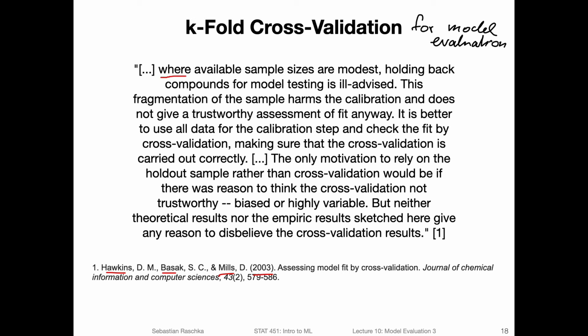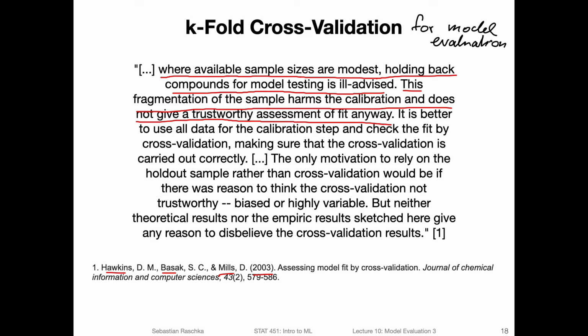What they say is, where available sample sizes are modest, so think of small data sets, holding back compounds for model testing is ill-advised. Compounds, you can also think of as observations. So the recommendation is that holding out data for testing and not giving the data to the model for fitting is not a good idea, because this fragmentation of the sample harms the calibration, so training, and does not give a trustworthy assessment of the fit anyway.